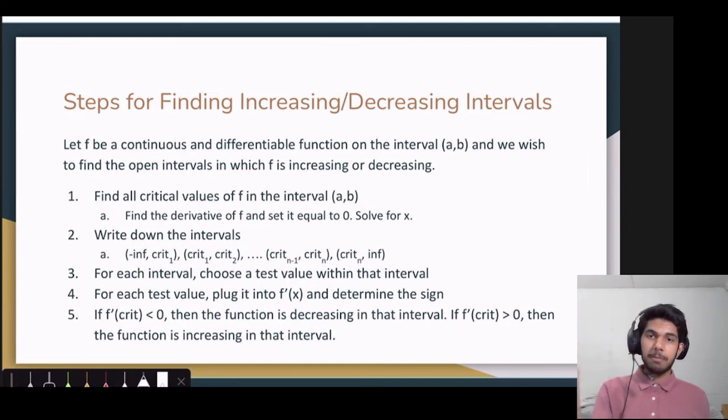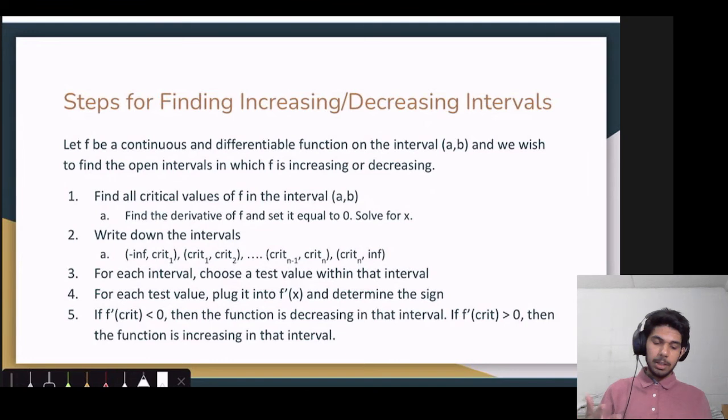We do that by finding the derivative of f, setting it equal to 0 or DNE, and solving for x. Next, we write down the intervals. The intervals start from -infinity, and they go to what I wrote, crit sub 1. So crit sub 1 is the smallest critical value. So that's the first interval. Then we go from crit 1 to crit 2, so from the smallest critical value to the second smallest critical value.